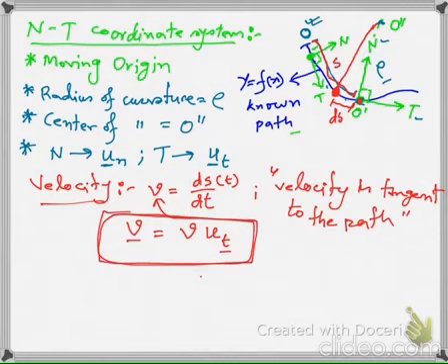And we know there is no normal component of velocity because velocity is always tangent to the path of the direction it's traveling. Now let's discuss the acceleration.